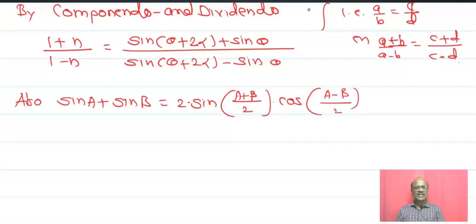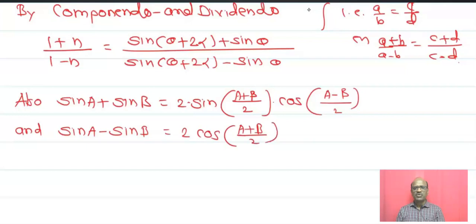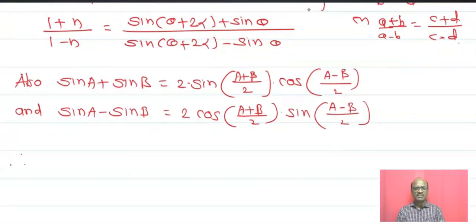Next is sine a minus sine b, which is equal to 2 times cos of a plus b upon 2 into sine of a minus b upon 2. Now substitute the values.